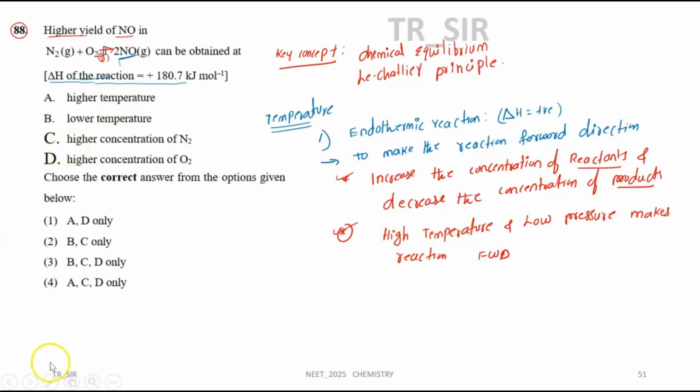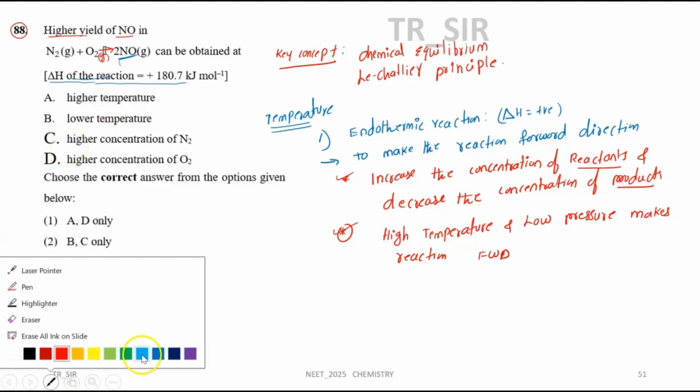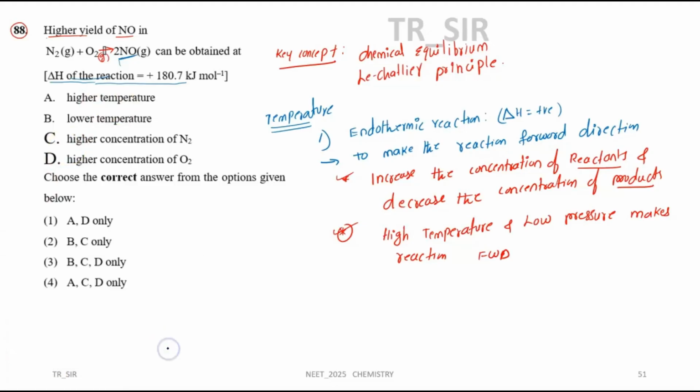Let me give one more case, the exothermic case also, in case the question is framed from the exothermic side. Suppose the reaction is exothermic, in that case, how to apply? Here, del H value will be negative. Okay. Now here, high temperature is not required.